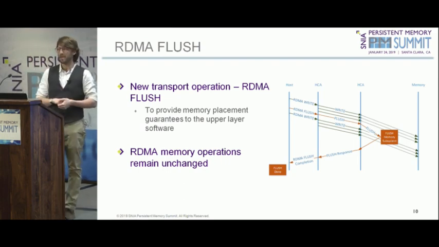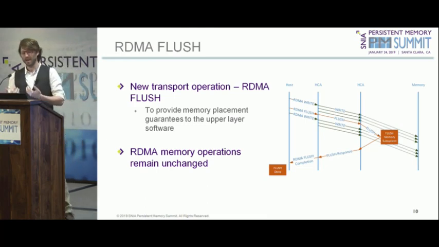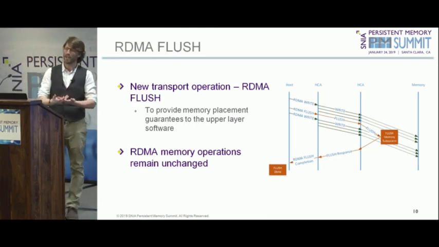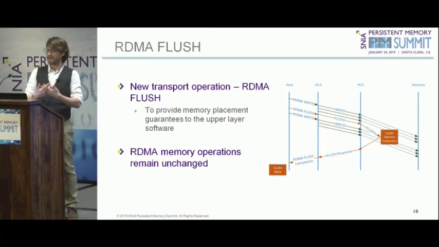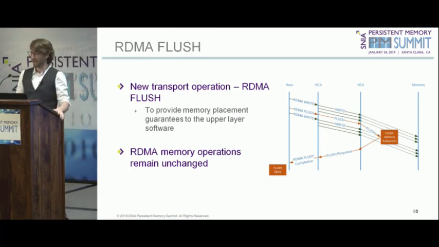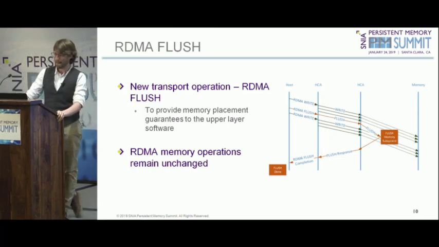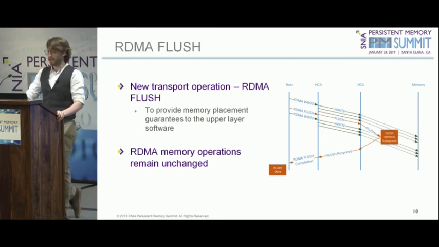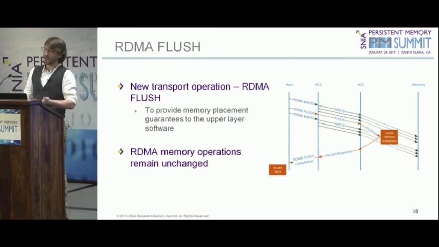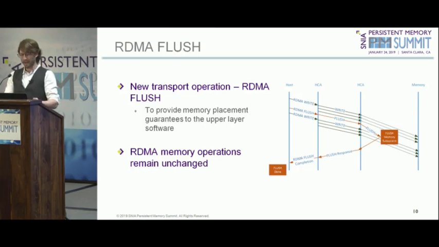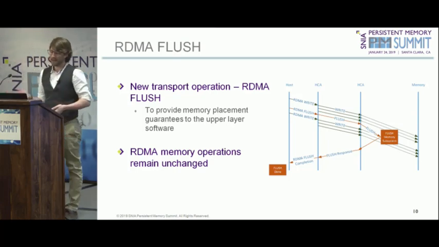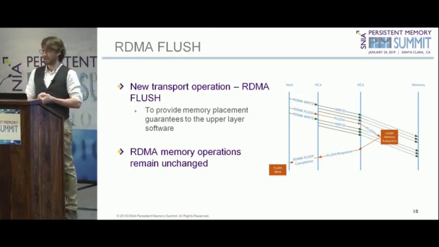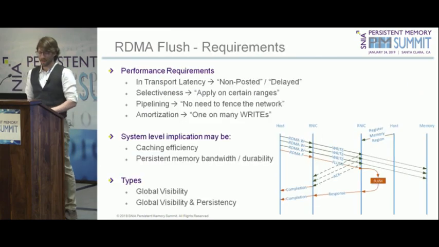Our target with RDMA flush is to provide the ability to get memory placement guarantees on transactions that were delivered on this connection. We want to enable this new operation, but leave the other RDMA memory operations unchanged. So how do we plan to do that?